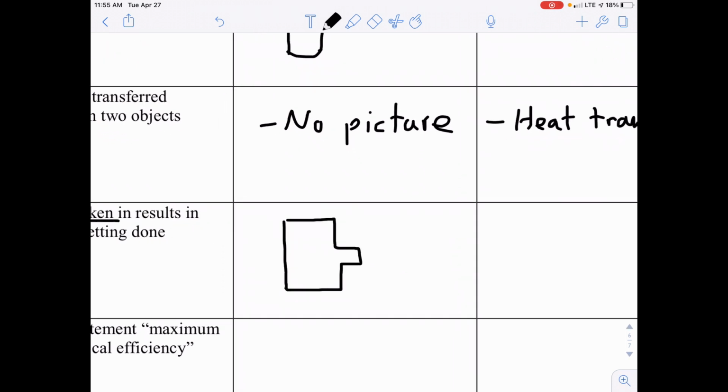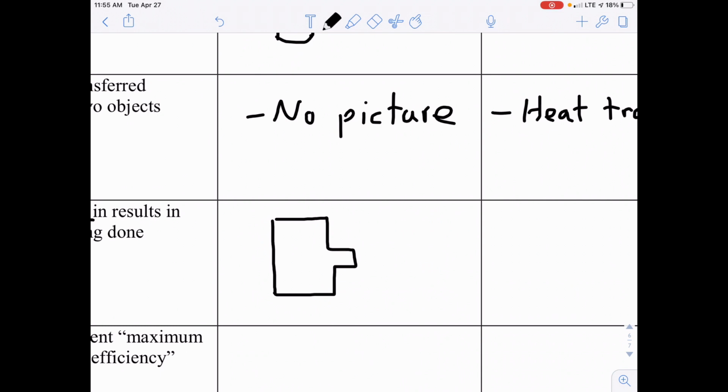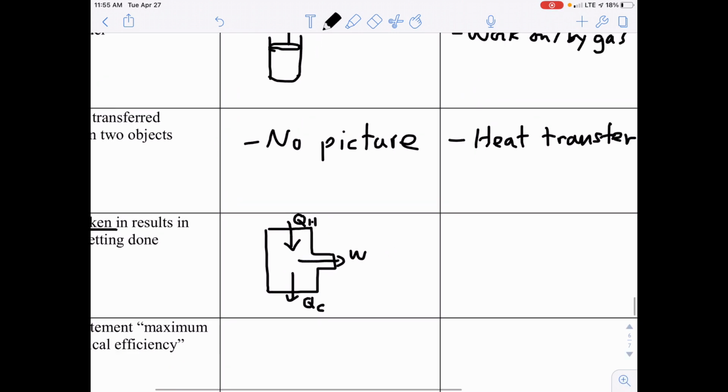Now, this is not an actual engine, it's just a model of one. Okay, and you have an input side, heat from a high temperature source or a hot reservoir. You have useful energy, that's the work that's being done. And the other output you have is heat being released to a cold temperature environment or a cold reservoir.